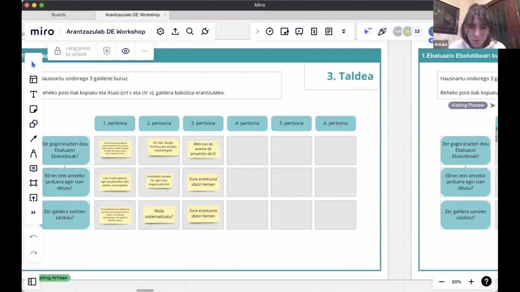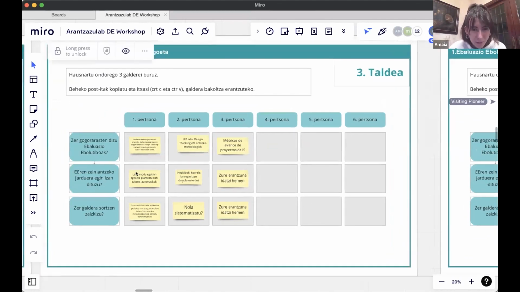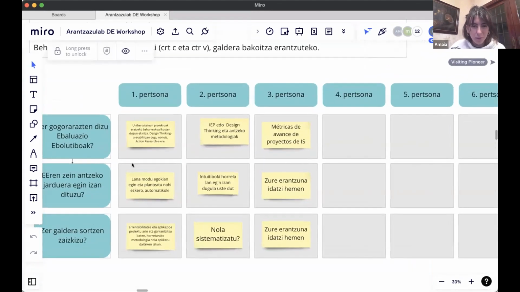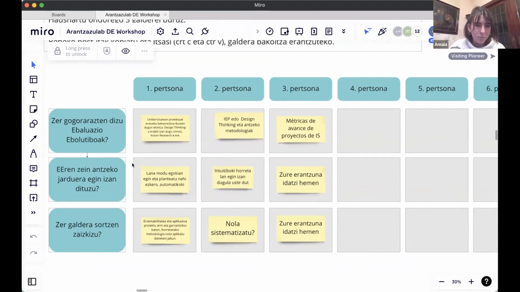So we've been speaking about three different points of view. I come from the university, so that was my viewpoint. We have been talking about how design thinking and similar methodologies are very well known to us, how we are also used to other metrics to measure the progress in projects.